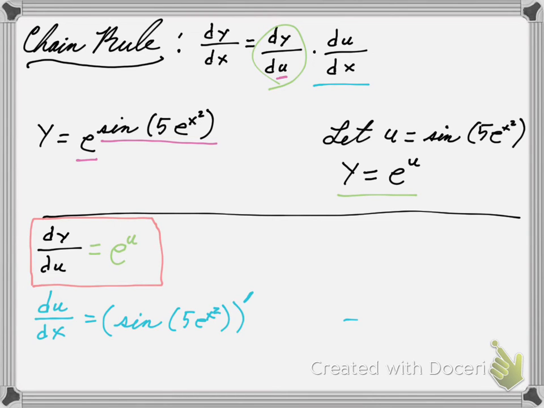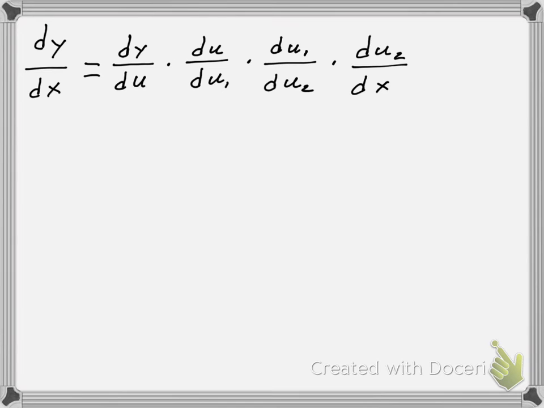So putting these all together, applying the chain rule, we can make the statement that the derivative of y with respect to x is equal to the derivative of y with respect to u times the derivative of u with respect to u1 times the derivative of u1 with respect to u2 times the derivative of u2 with respect to x. And so, now that we know those four components, it's just a matter of putting them together and multiplying.